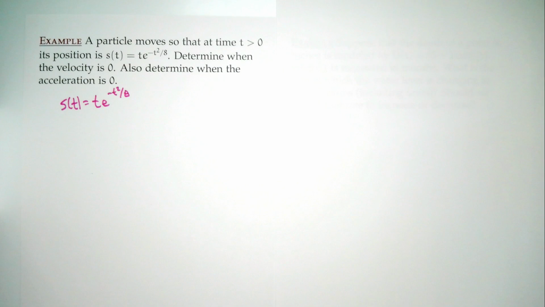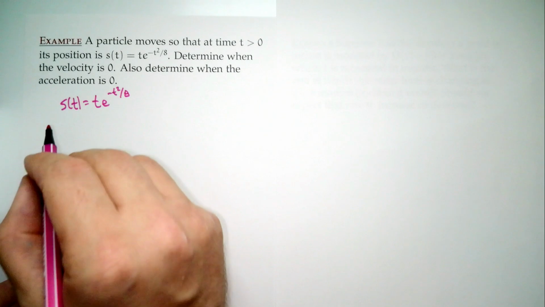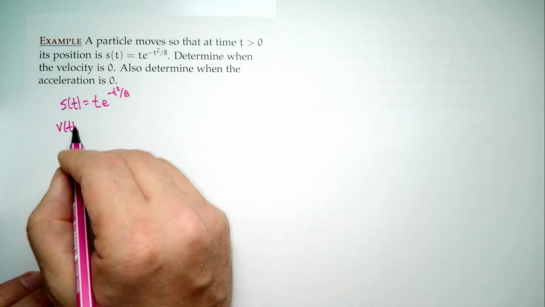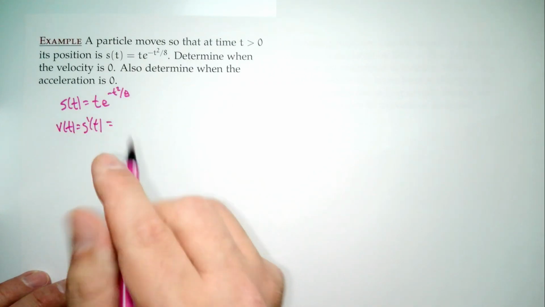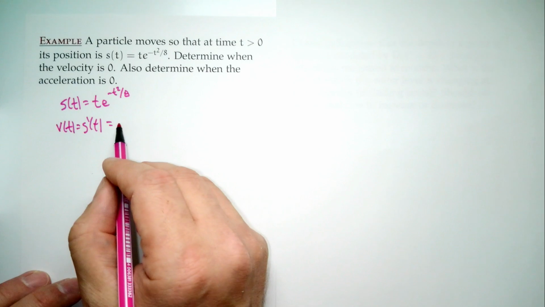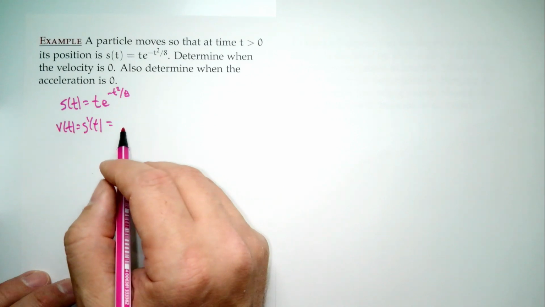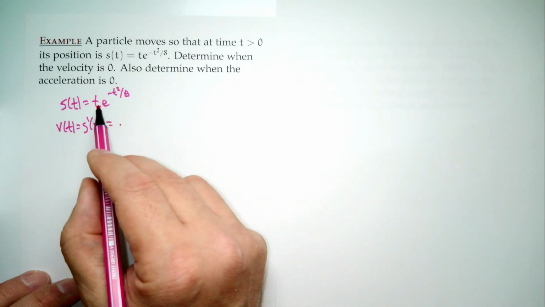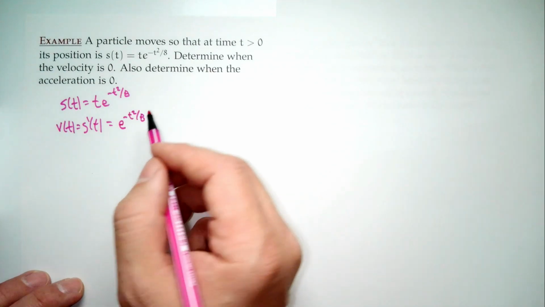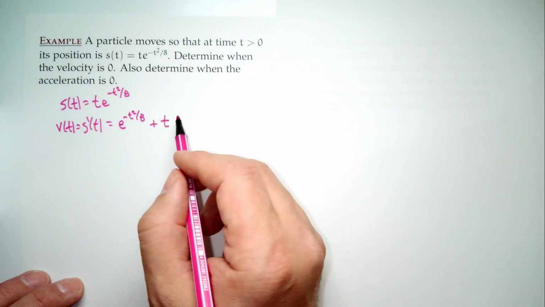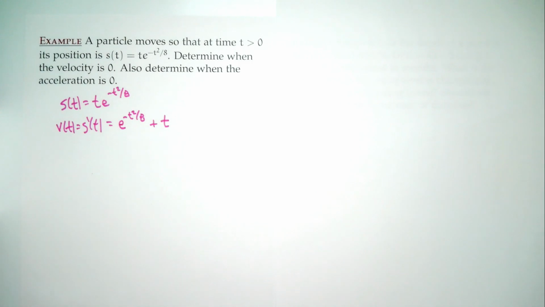So how do I go from position to velocity? Take the derivative. So the velocity is the derivative of position. How do I take this derivative? Well, product rule. Derivative of t would be 1 times the second function we leave alone, e to the minus t squared over 8, plus t times the derivative of e to the minus t squared over 8.